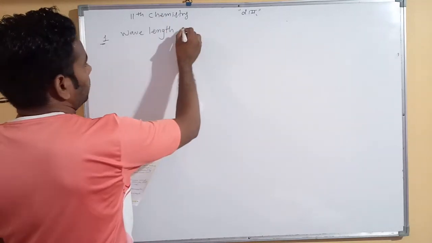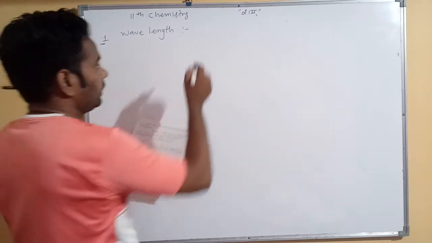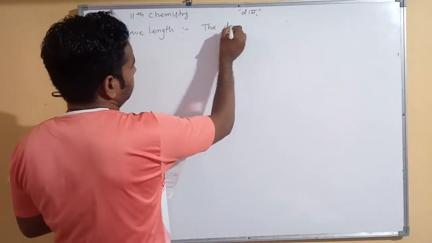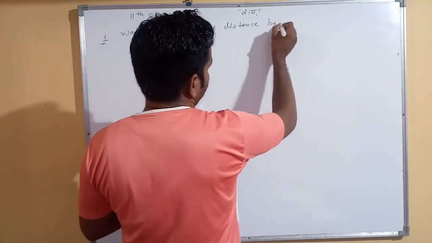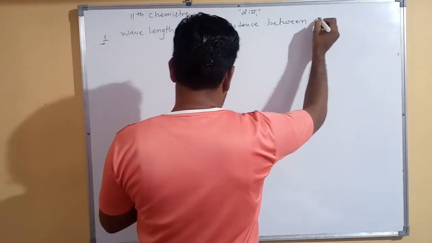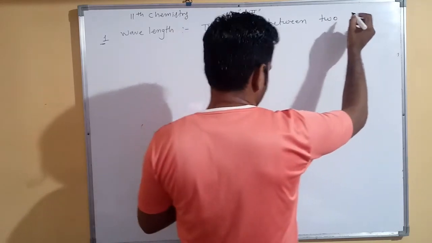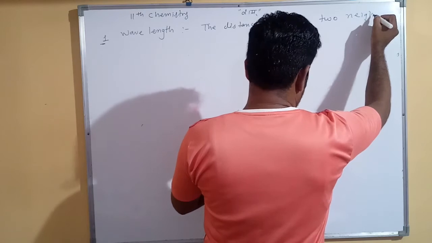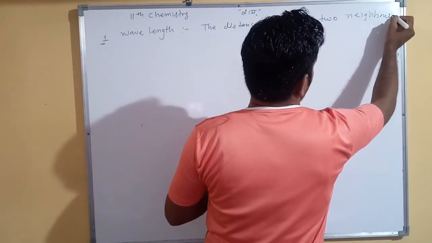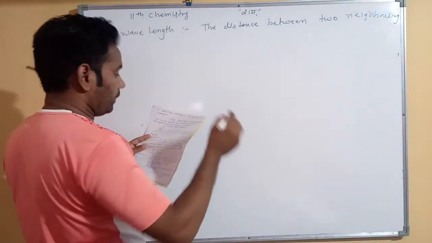Wavelength, its definition is the distance between two neighboring crest.